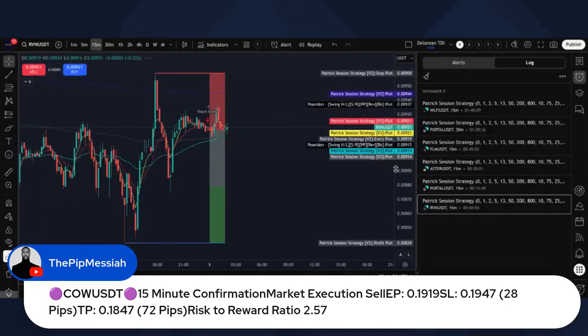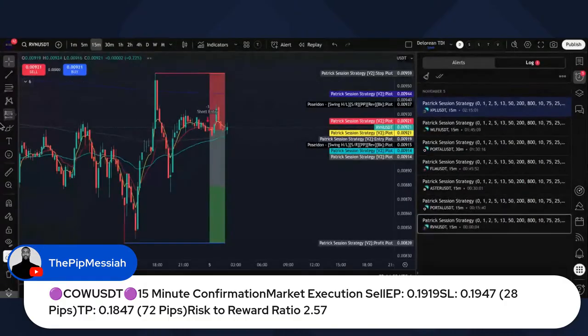Next up, we have RVN versus Tether, targeting 0.00839.